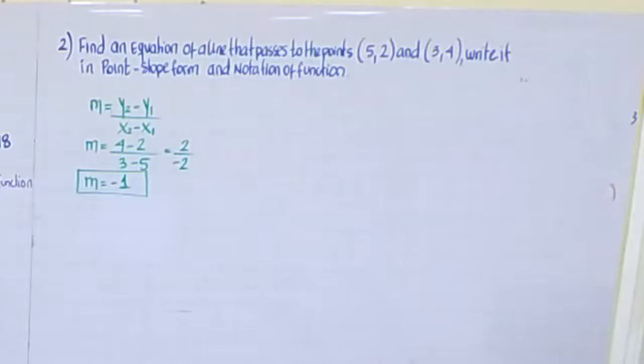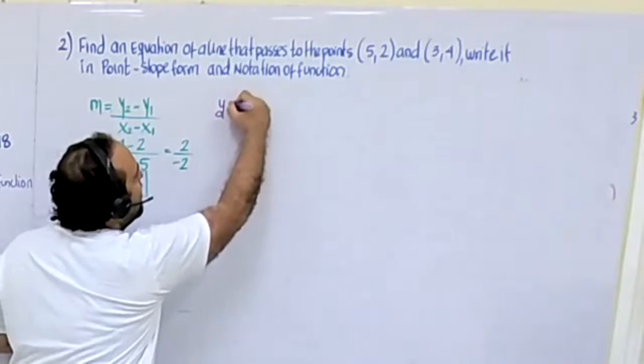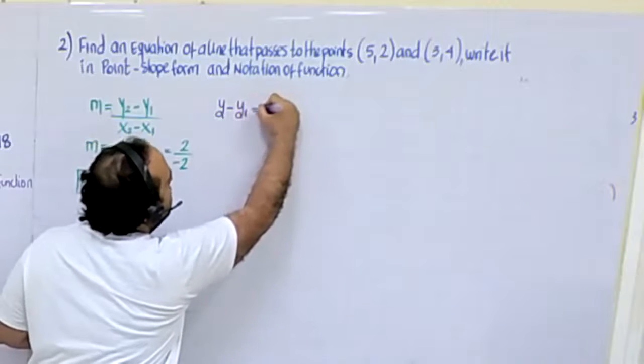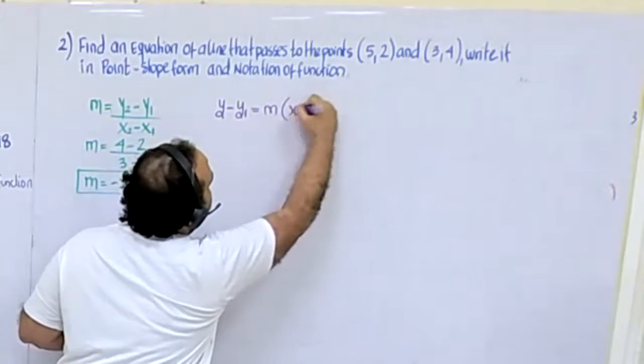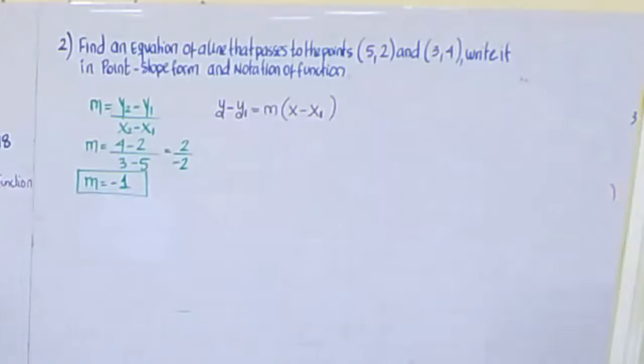Remember, the first thing that we have to do is write the equation in the point slope form. What is the formula? The formula is y minus y1 equals m parentheses x minus x1. This is not complicated. Writing the equation in the point slope form, pay attention, the only thing that we have to do is replace the values of y1, x1, and m.